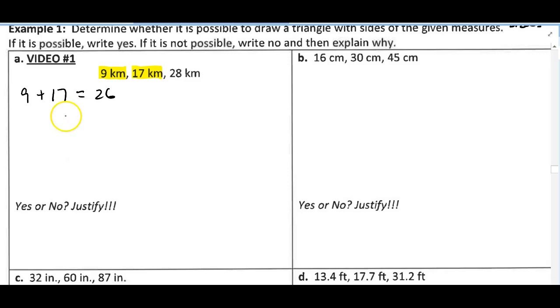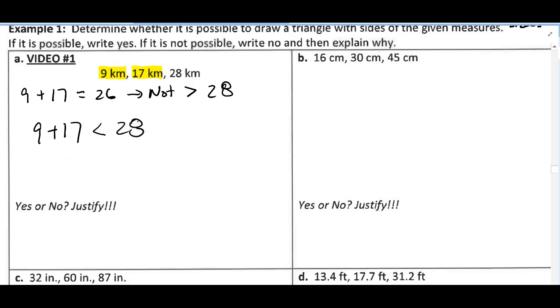So the sum of these two sides is not greater than 28. Okay, so 9 plus 17 is less than 28.